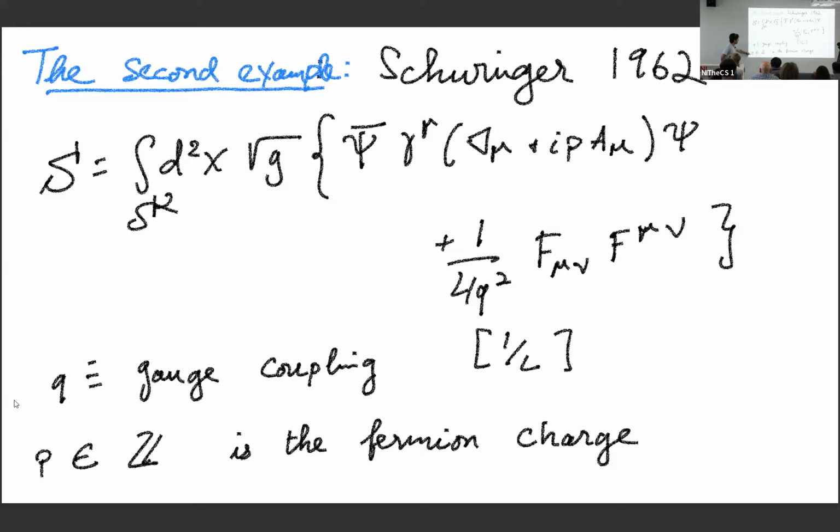And the number P I'm going to take to be an integer: 1, 2, 3, 4. This is a slight deformation of the original Schwinger model. In the original paper from 1962, P was 1, but I'm going to choose P to be any integer. We call that number the charge of the fermion.